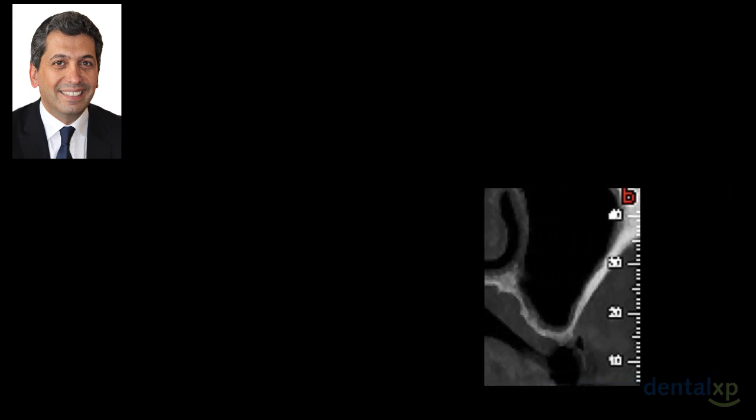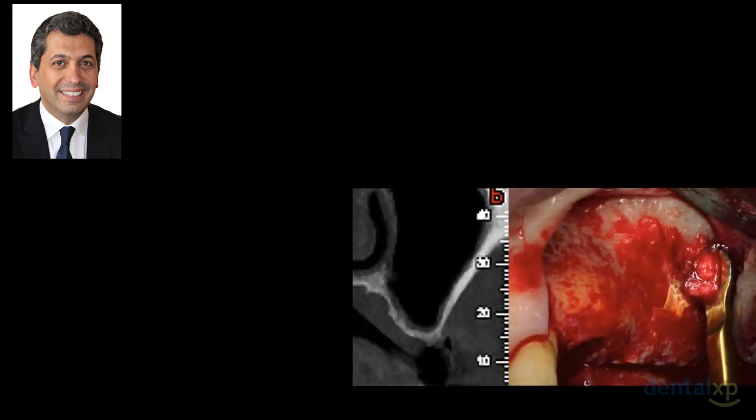In this technique, we start first of all by scraping the bone in order to reduce its thickness, and this is in cases where we have a thick bone.